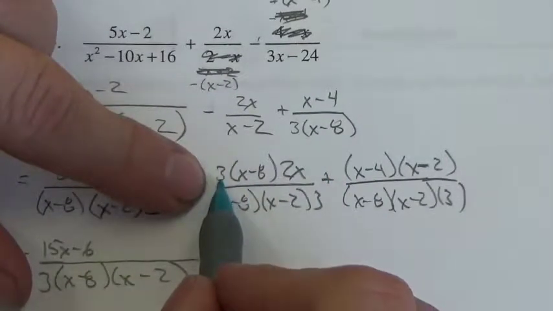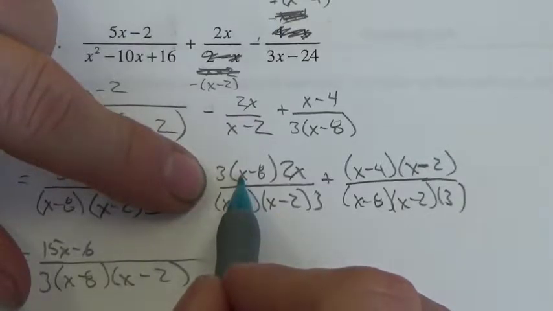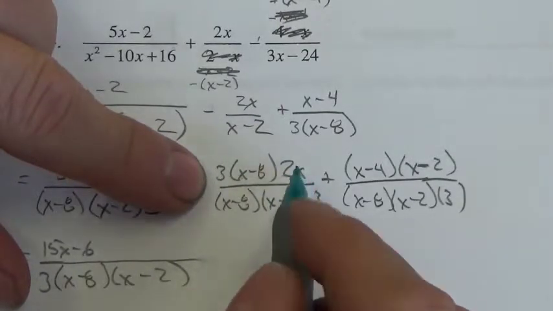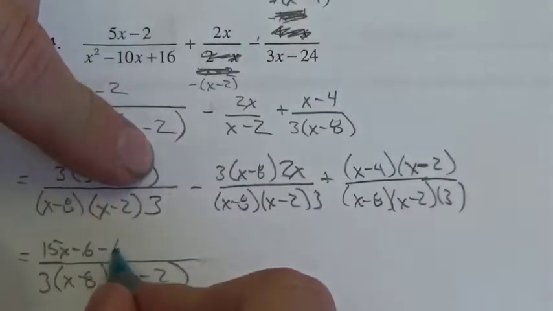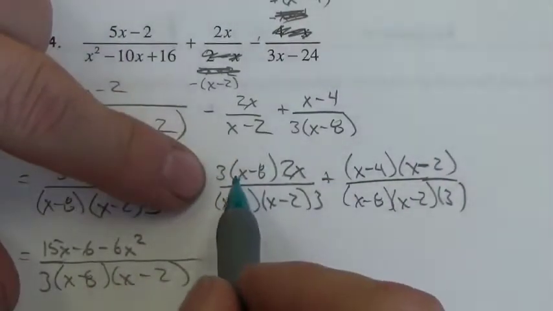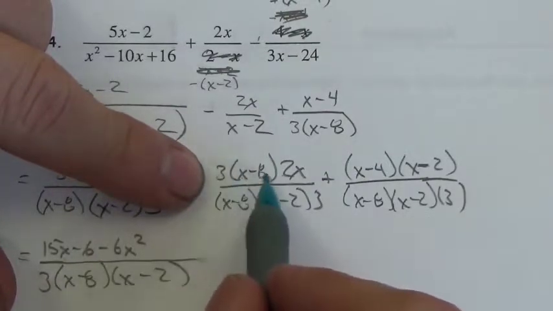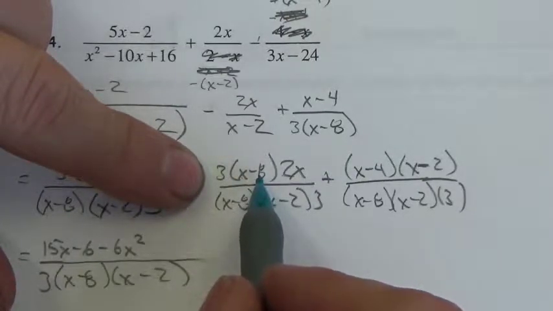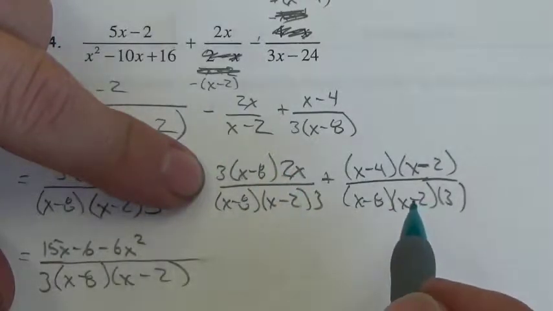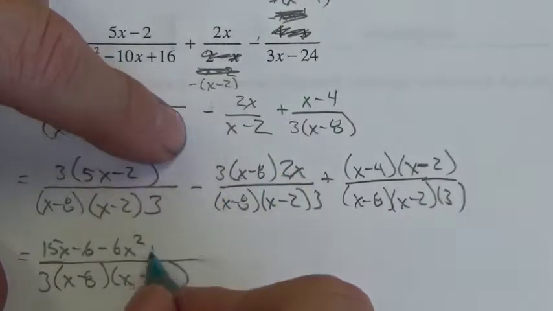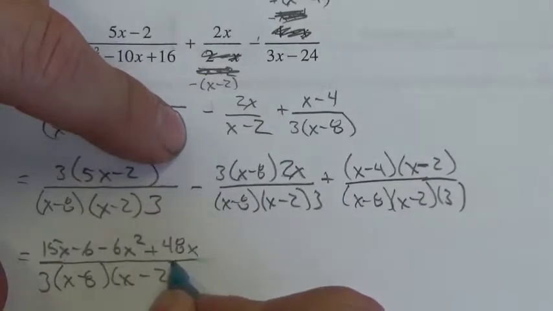This is going to be 3 times x times 2x. So that would be positive 6x squared, and that negative is going to make it negative 6x squared. This would be 3 times negative 8 is going to be negative 24, times 2 would be negative 48x, and that negative is going to make it positive, so positive 48x.